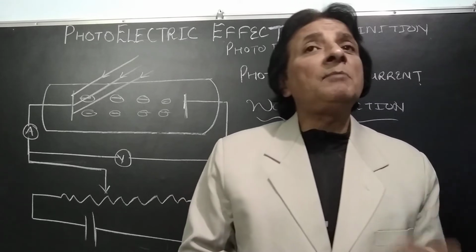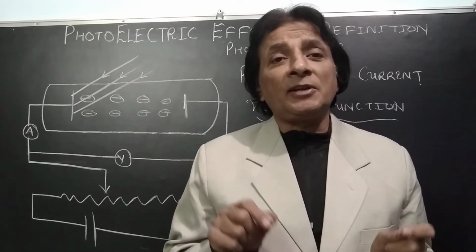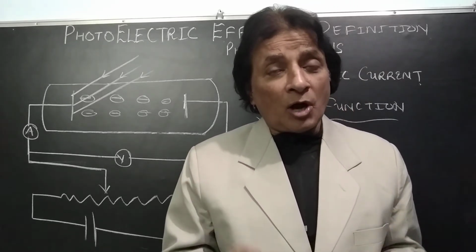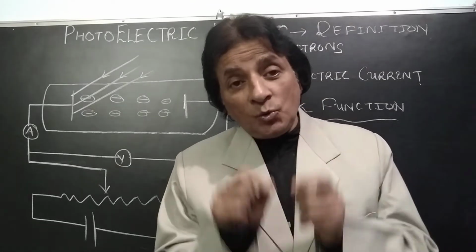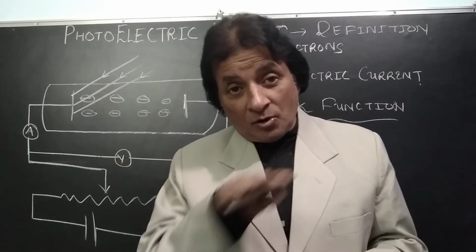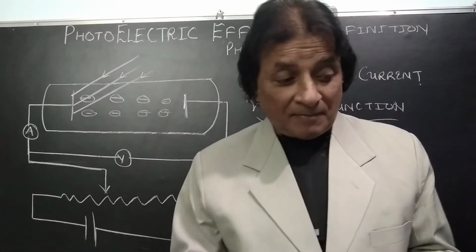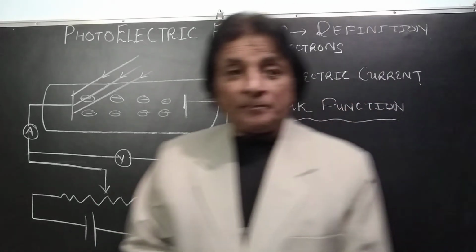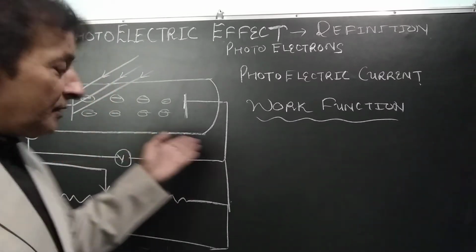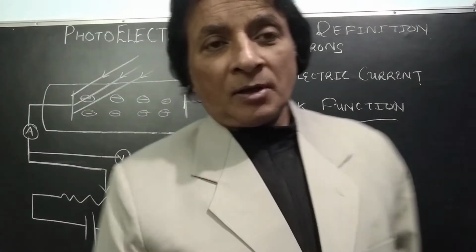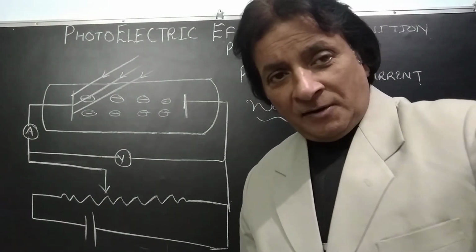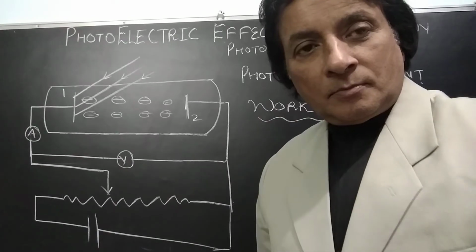It is the minimum amount of energy required to knock out the most loosely bound electron on the free surface of the photosensitive metal. And how it functions, I have explained through this, right? Now, is it all clear? Now we move to the next.